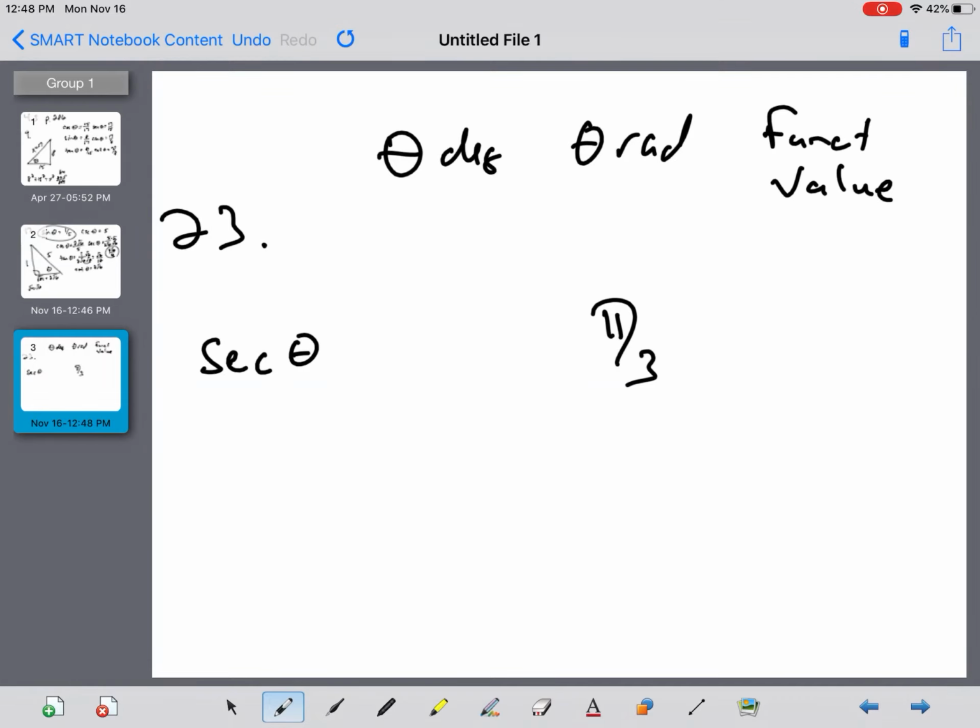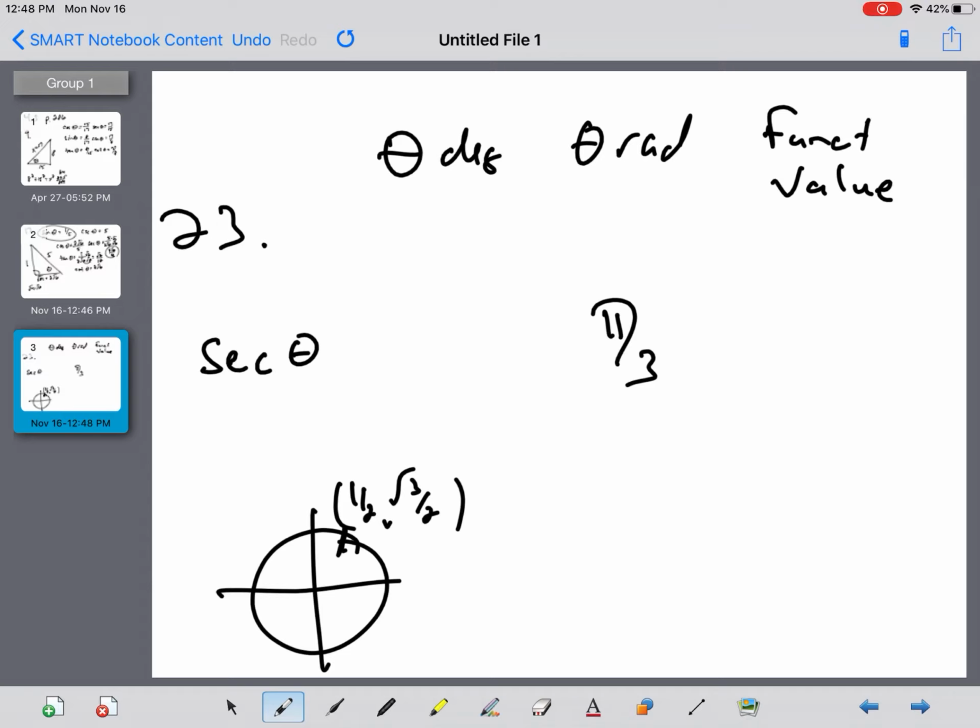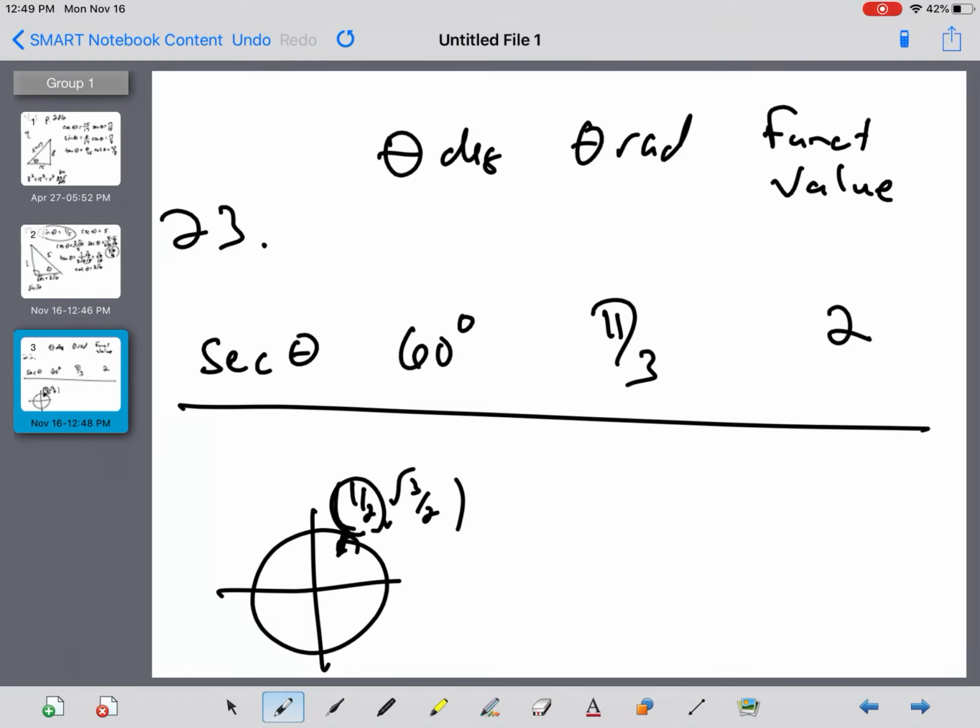Well, on your unit circle, at pi over 3, that ordered pair is 1/2 comma root 3 over 2. So right there, that's your cosine. So the secant of that is going to be the reciprocal of 1/2, which is 2. Now, isn't pi over 3 the same as 60 degrees? So that's how you should do number 23.